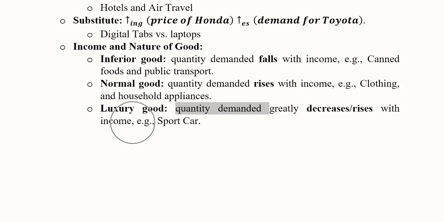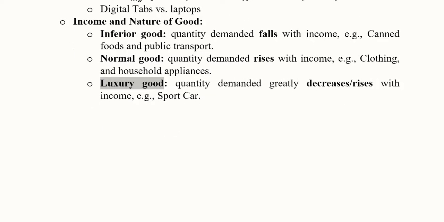But if the income decreases, the first thing that we would like to let go will be the luxury goods. We will definitely avoid losing the normal goods, and we will shift back to inferior goods, but in the first step, we will let go of the luxury goods. This is why the response is quite high when it comes to luxury goods. So this is how income can help us understand the nature of a certain good in the demand analysis.